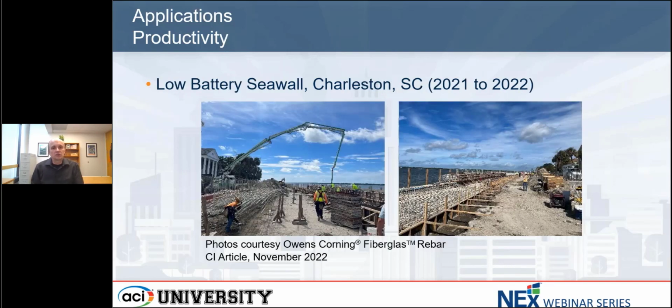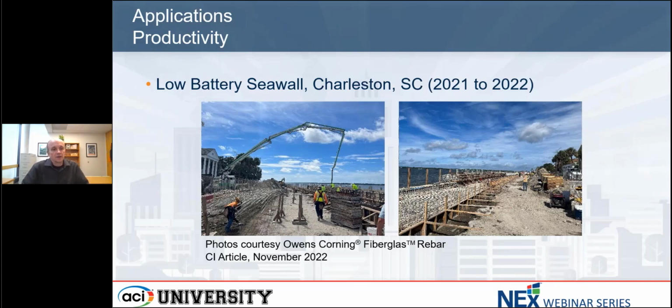And then here's another project, this one down in Charleston, South Carolina. This is a seawall similar to what we saw earlier. So the non-corrosive nature of FRP was pretty critical. But again, even more than the non-corrosive nature, the contractor really fell in love with the handling characteristics of FRP bar.